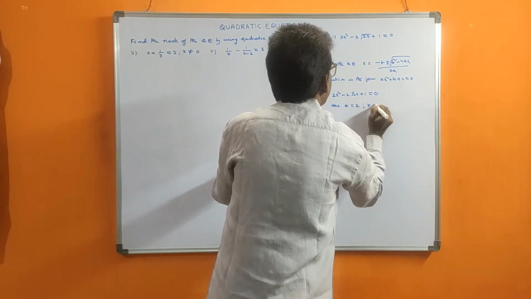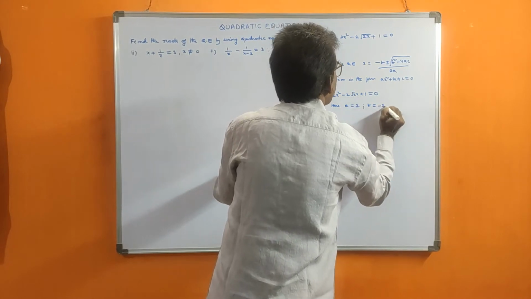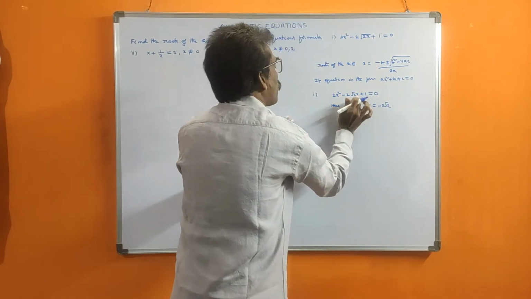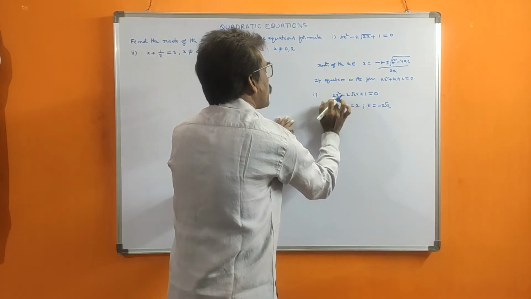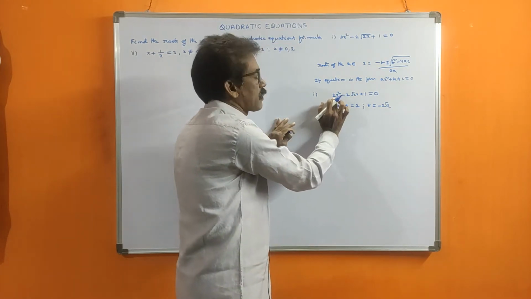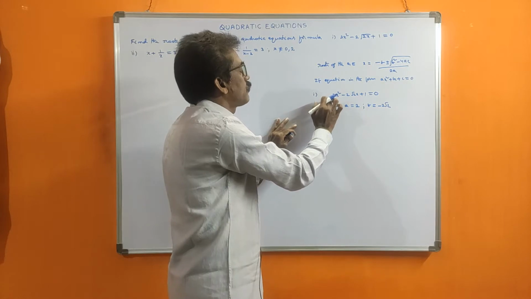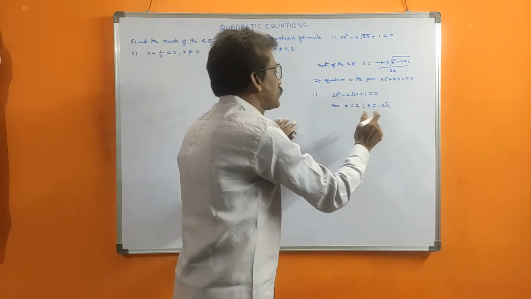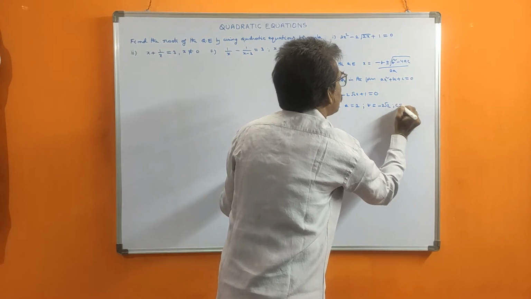Next, b is the coefficient of x, which is minus 2 root 2. See, whatever is multiplying x is the coefficient of x. For x square, whatever is multiplying it, no numeric values or variables, belongs to a only. Now, the remaining is c, the constant. So, c is equal to 1.